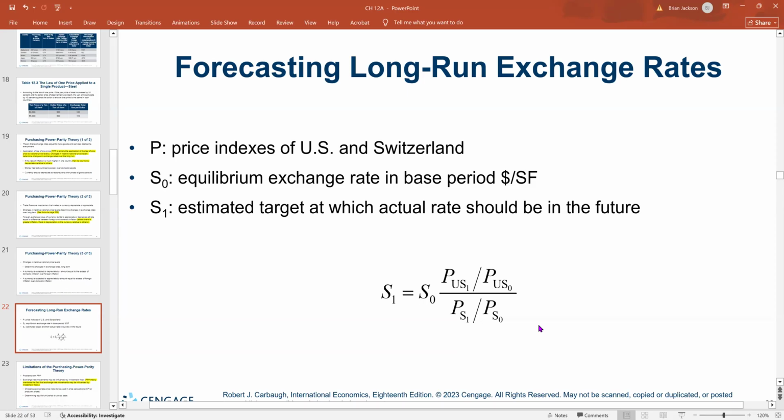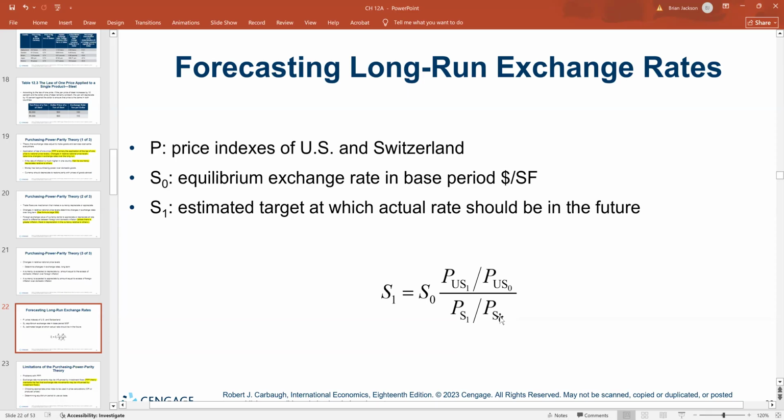So what happens then is that there has to be an adjustment in S, the exchange rate, to offset a differential in the inflation rates between the two countries. So if there's more inflation in the U.S. than in Switzerland, capital S is going to grow. It's going to take more dollars to equal a Swiss franc at the end of the second period or after the end of the period of time.